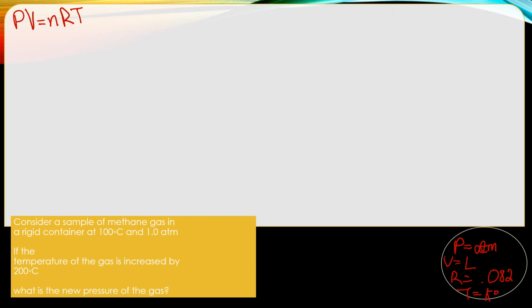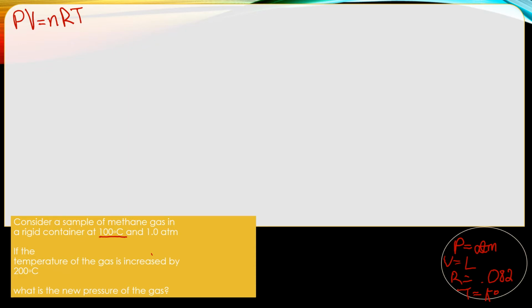Now let's look at our question. Consider a sample of methane gas, which we have said was CH4, in a rigid container at 100 degrees Celsius. Now, as we said, temperature is always measured in degrees Kelvin, so we're going to change degrees Celsius into degrees Kelvin.